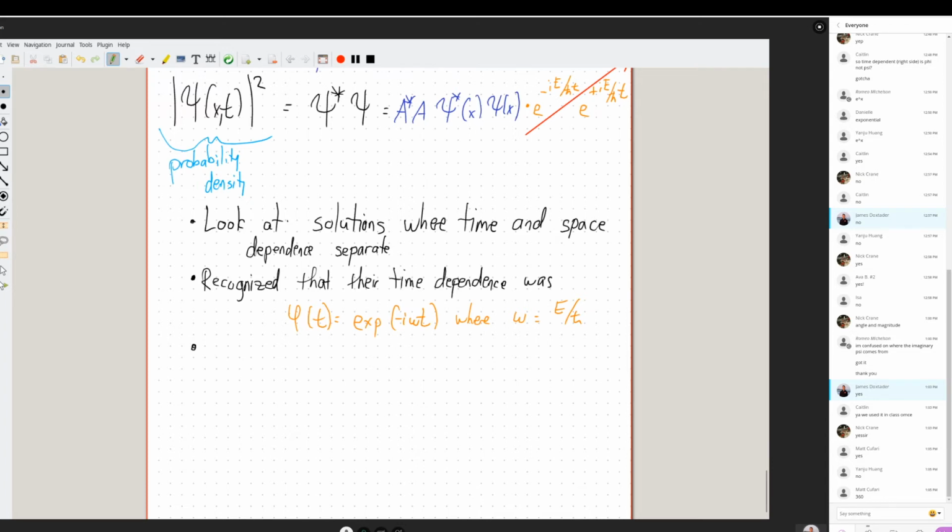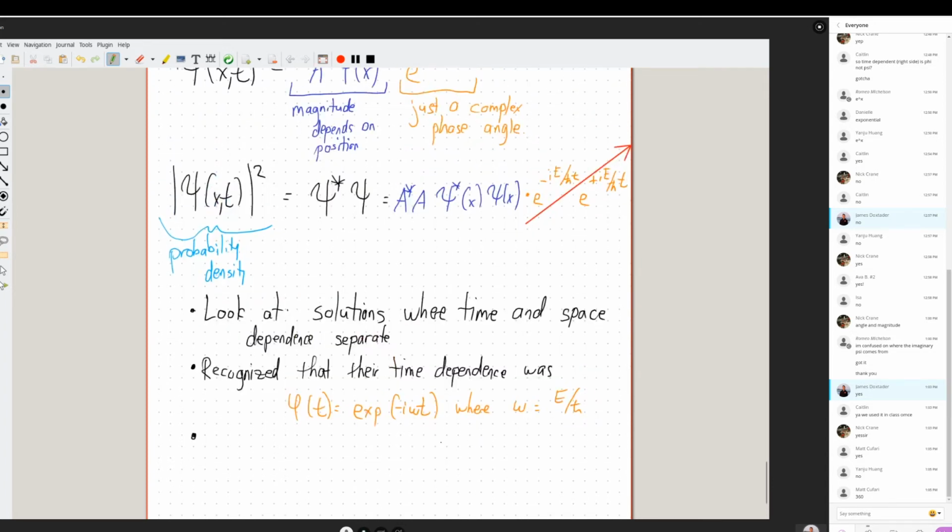And then notice that in what I wrote up here, what's left doesn't depend on time at all. This is a big deal. It would be an even bigger deal if I was on the right tool here.